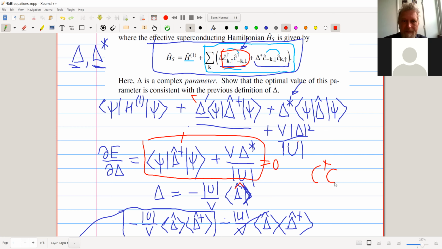But if one considers this Hamiltonian, here the symmetry, the fact that all C conjugated comes with C, is broken. Yep, remember what I said about broken symmetry? Right.